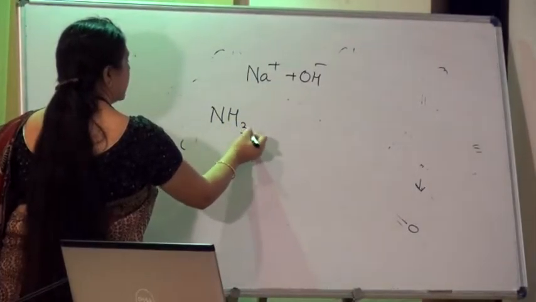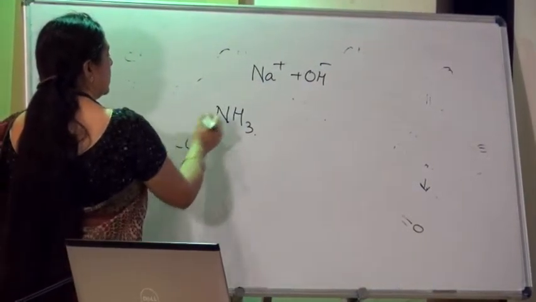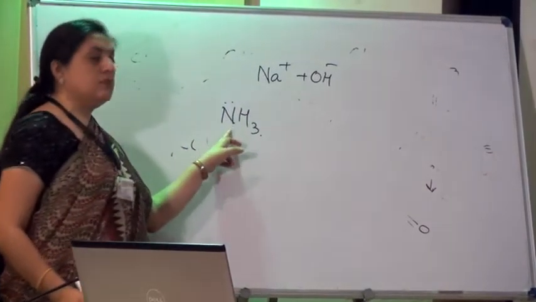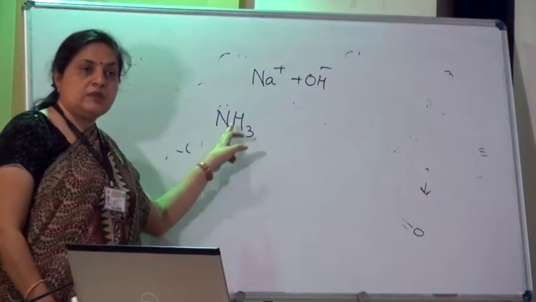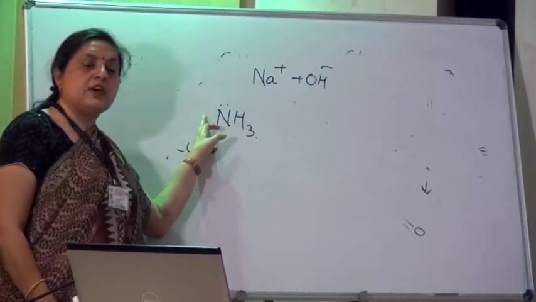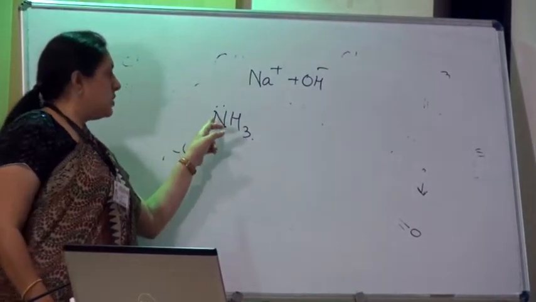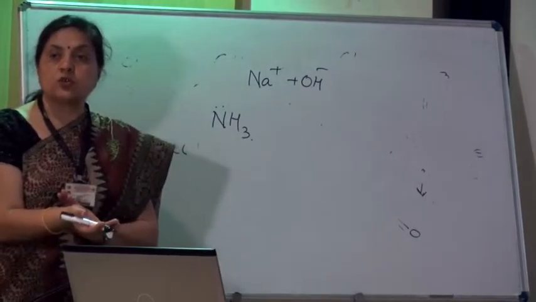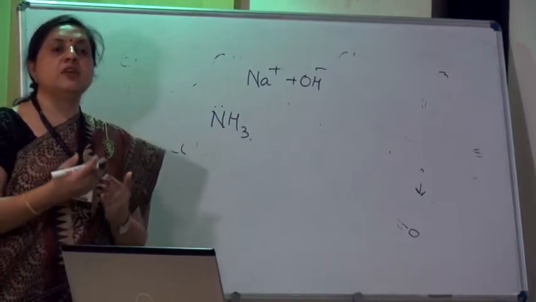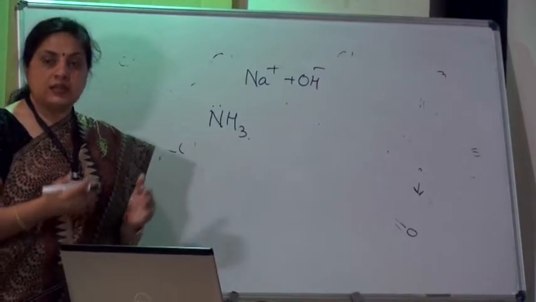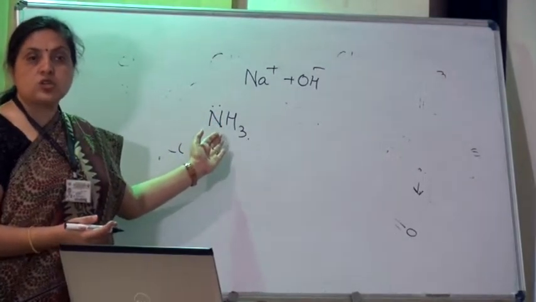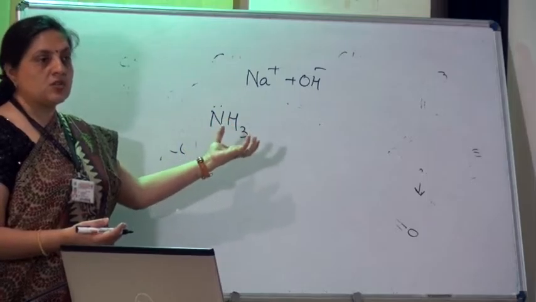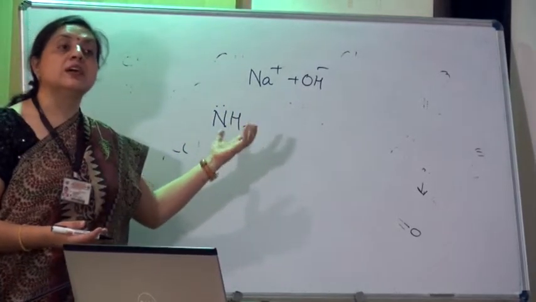But the problem comes when we see species of this kind. For example, ammonia. In ammonia you have one lone pair. Ammonia can form 3 bonds and it has one lone pair of electrons. So ammonia is easily able to donate its electrons to other species. That's why we call it a base. When it is a concentrated solution, we call it liquor ammonia.